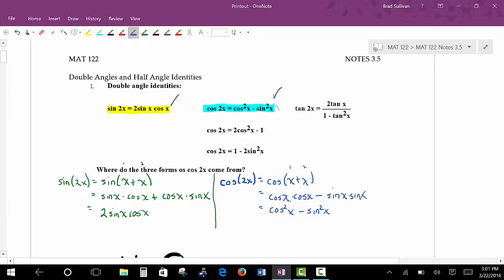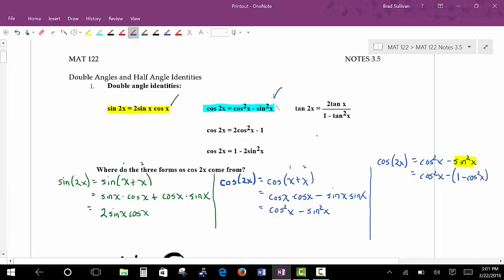Now we have a couple of other things that we can do. We can take this in two directions. If I start with the cosine of 2x, we now know that that's equal to cosine squared x minus sine squared x. Well, I can utilize an identity that I know, and rearrange this. I can replace the sine squared x with what it's equal to, which is 1 minus cosine squared x.